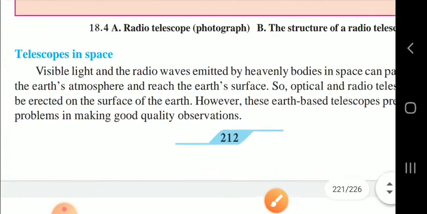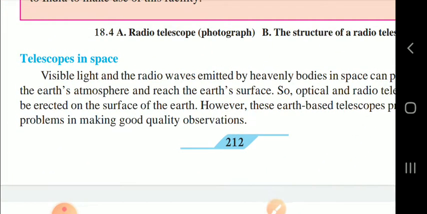Now, telescope in space. Visible light and the radio waves emitted by heavenly bodies in space can pass through the Earth's atmosphere and reach the Earth's surface also. So, optical and radio telescopes can be erected on the surface of the Earth. These Earth-based telescopes present some problems in making good quality observations.